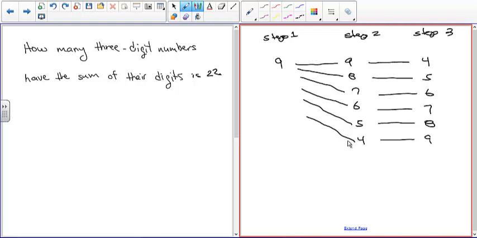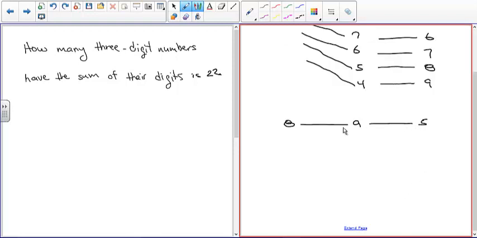So that's 9. Now if I do 8, again I can choose 9 as a second digit, just like I did here. 8 plus 9 is 17, 17 plus 5 is 22. I'm going to be able to do this all the way down to 5 instead of 4, and you'll see why in just a second.